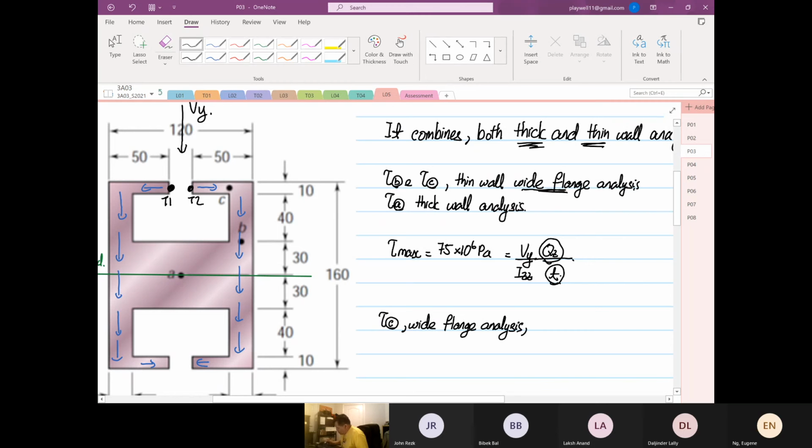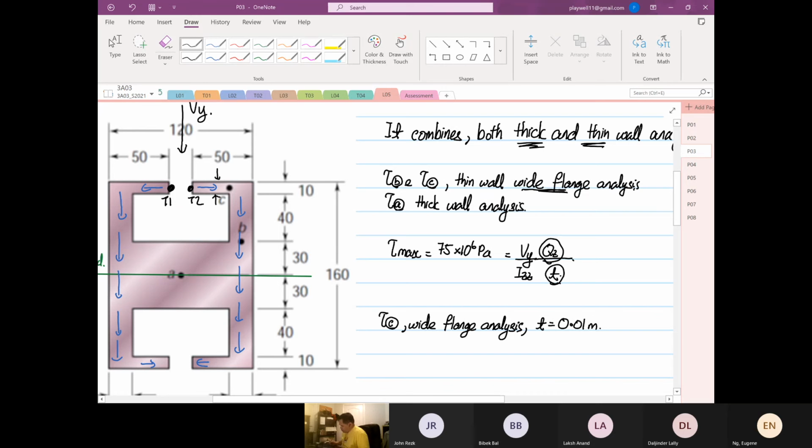And we also know that the thickness is equal to 10 millimeters or 0.01 meter. That's the thickness, right? Because in thin wall analysis, the thickness is perpendicular to the shear flow.